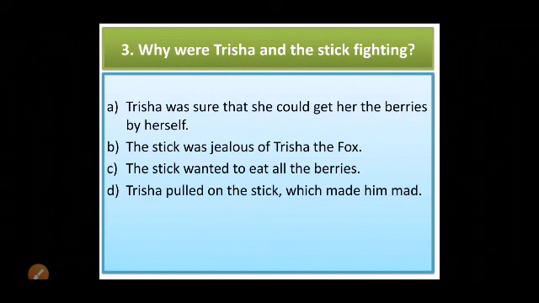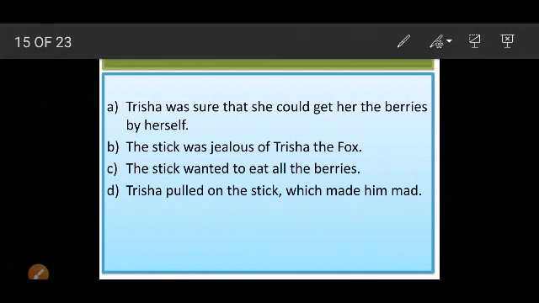So what is the correct answer? Why were they fighting? They were having an argument, right? The stick was saying that Trisha cannot reach the berries by herself, and Trisha, the fox, was thinking she could do it herself, right? So what is the correct option for this question? Trisha was sure that she could get the berries by herself. Alright?